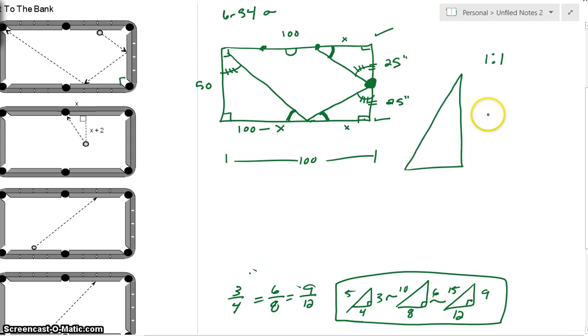So if I represent the three triangles next to each other, oriented the same way, I have a short leg of 50 and a long leg of 100 minus x. 50 is across from this angle, 100 minus x, and I should place that right in the middle of the side that it represents. 100 minus x is across from this angle.